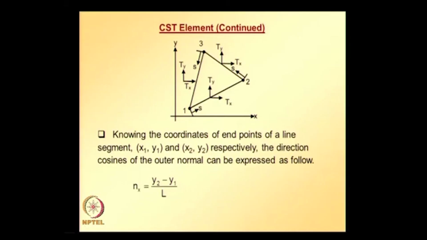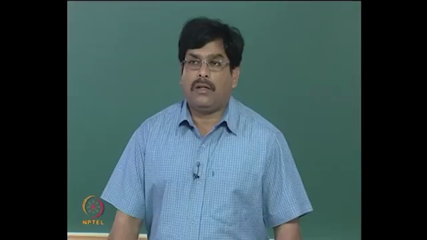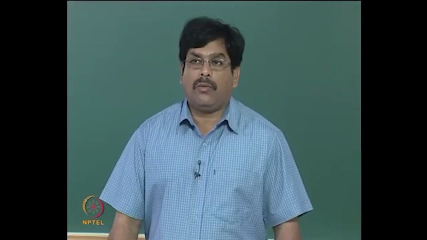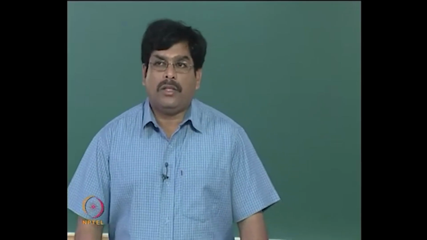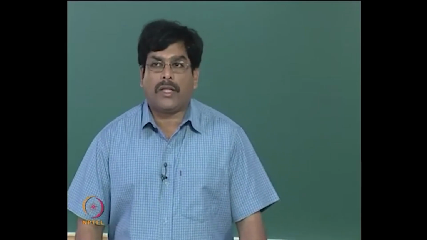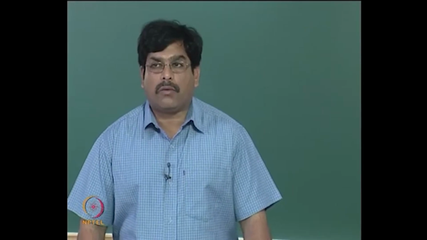So, this is how we can calculate. Suppose we are interested in edge 1 2. We need to know the coordinates of the endpoints of the line segment joining 1 to 2. x1 y1 are the nodal coordinates of node 1, and x2 y2 are the nodal coordinates of node 2.